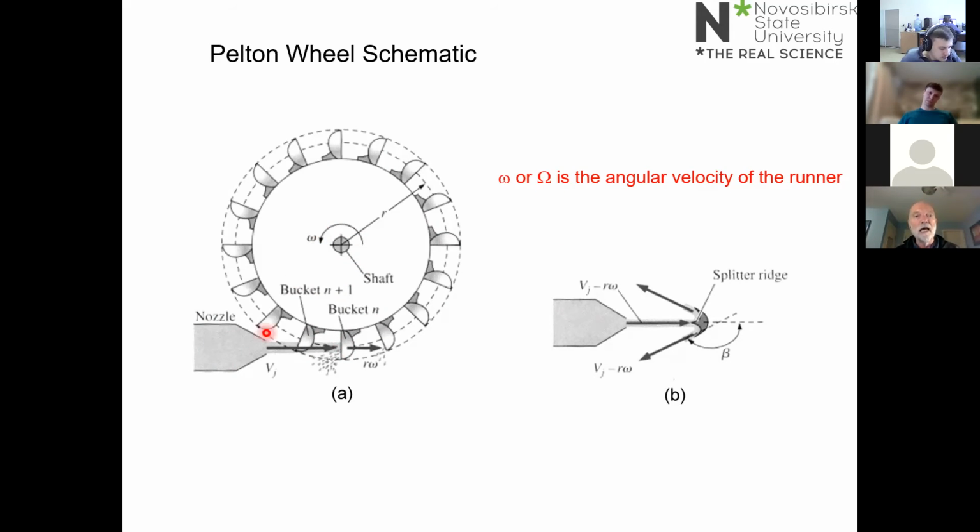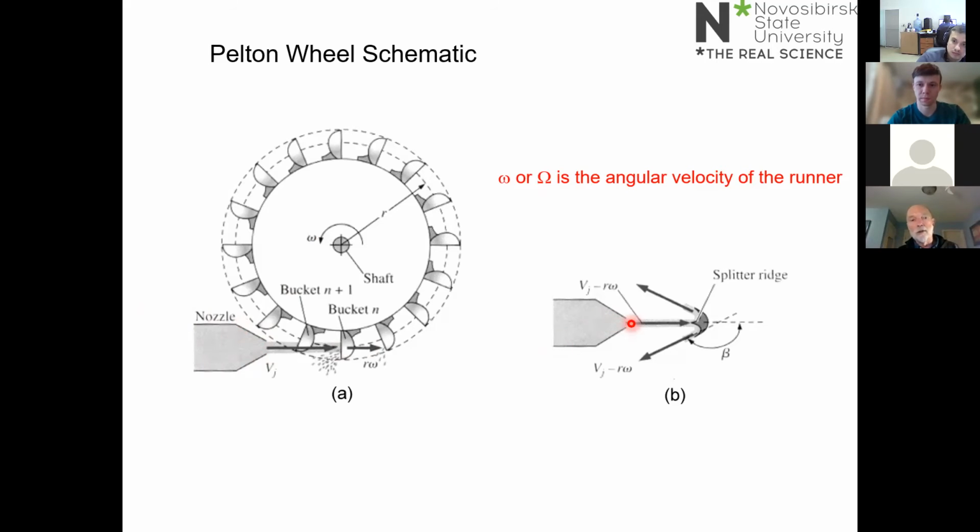As we will see, this nozzle is designed, when it's producing maximum power, to have converted all the available head for this turbine into kinetic energy. So the principle of design for the nozzle of a Pelton turbine is precisely the same as the principle of design for the Crossflow turbine that I started the lecture off with.